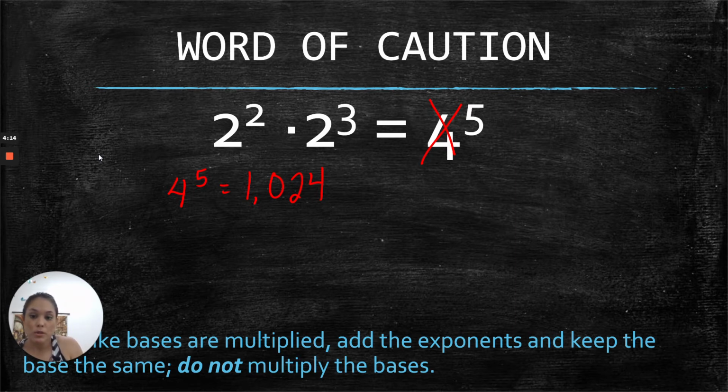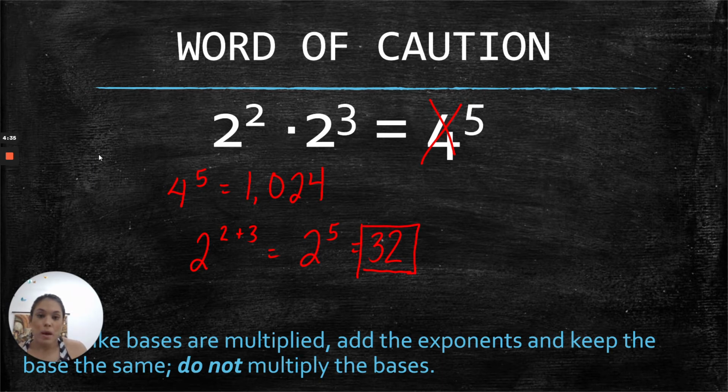When the bases are the same, you are going to add the exponents only. And so this is 2 to the 2 plus 3rd power, which is 2 to the 5th power, which equals 32. So these numbers are completely different, and this is the correct answer. Okay, so just remember, do not multiply the bases when they are the same.